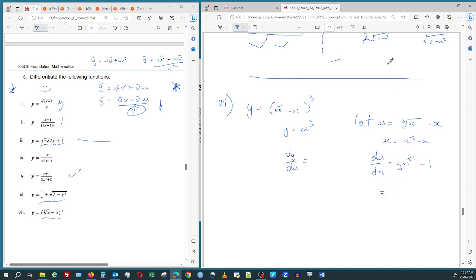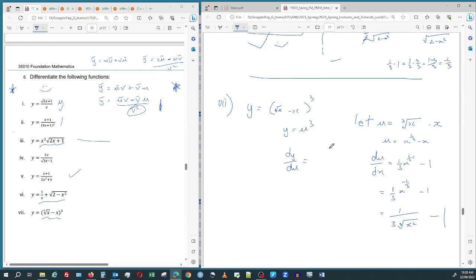So 1/3 minus 1, it never goes away. Same family. So we've got 1/3 x to the minus 2/3, subtract 1, which is 1 over 3 times the cube root of x squared, minus 1.